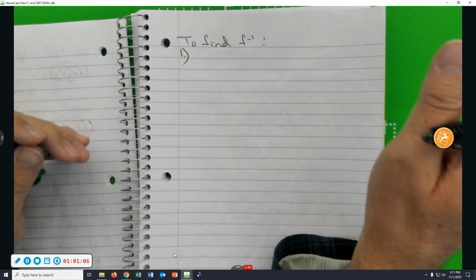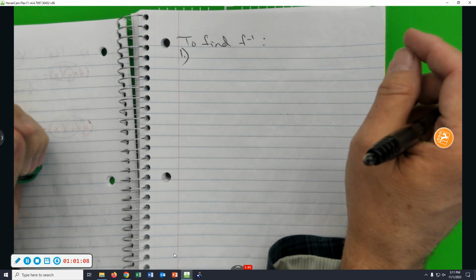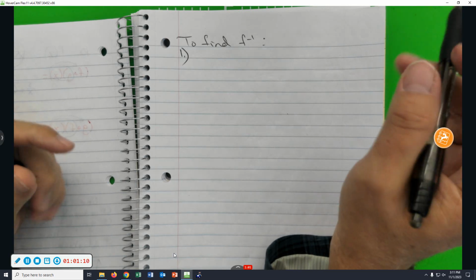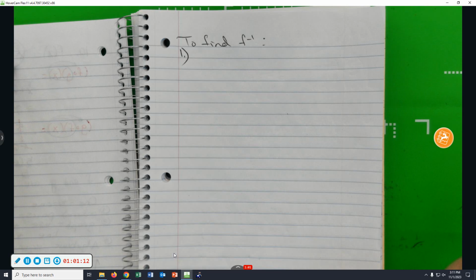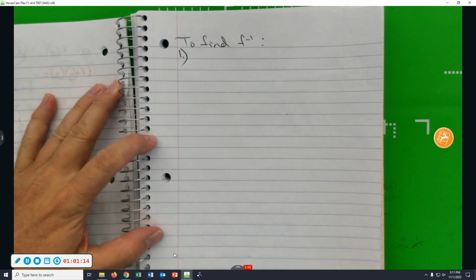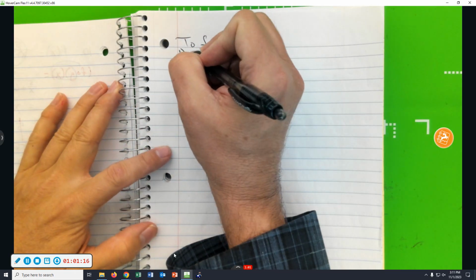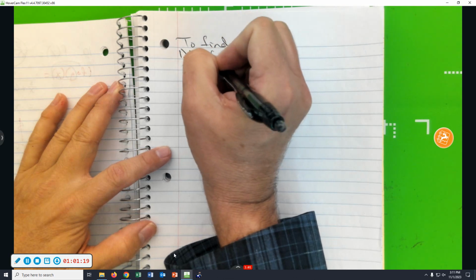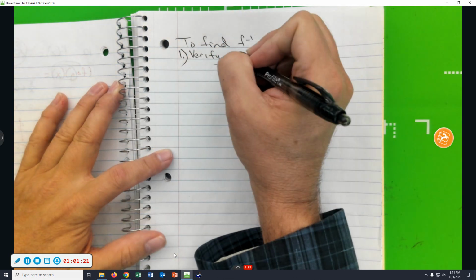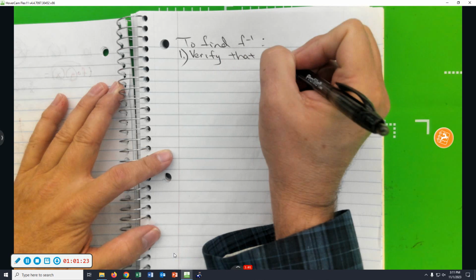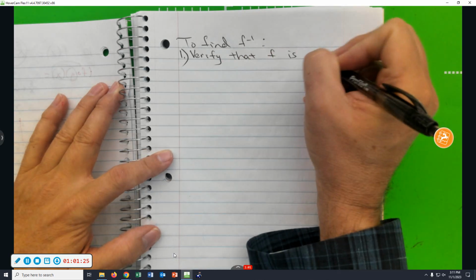Make sure f is 1 to 1, because if it's not, they don't want you to find the inverse. They want you just to say not 1 to 1. So verify, really you're just convincing yourself, that f is 1 to 1.